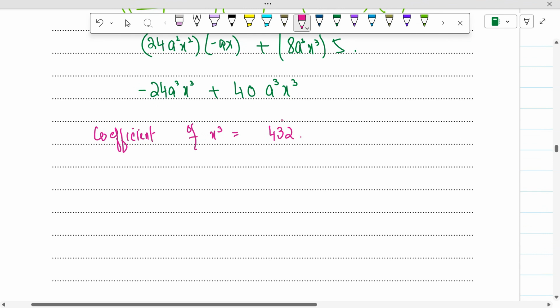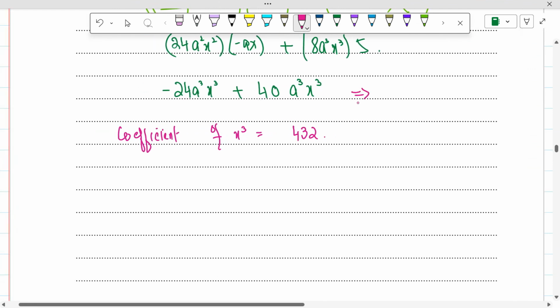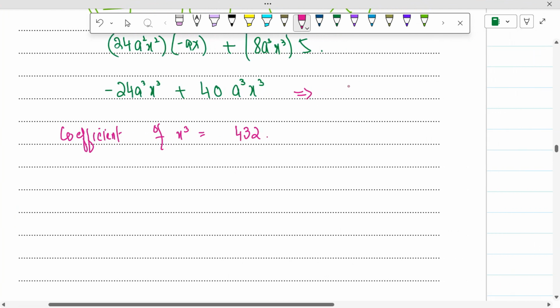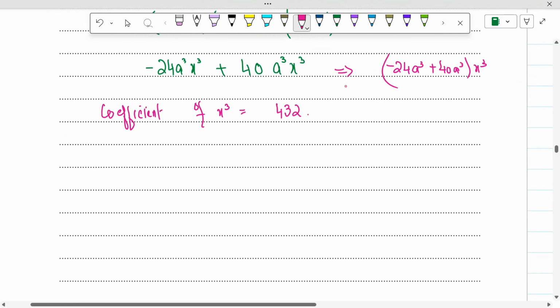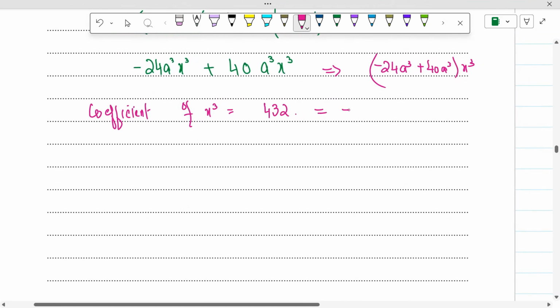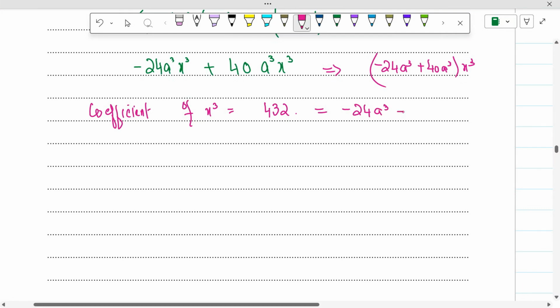And here we know that the coefficient is negative 24 a cube plus 40 a cube times x cube. So the coefficient is negative 24 a cube plus 40 a cube.